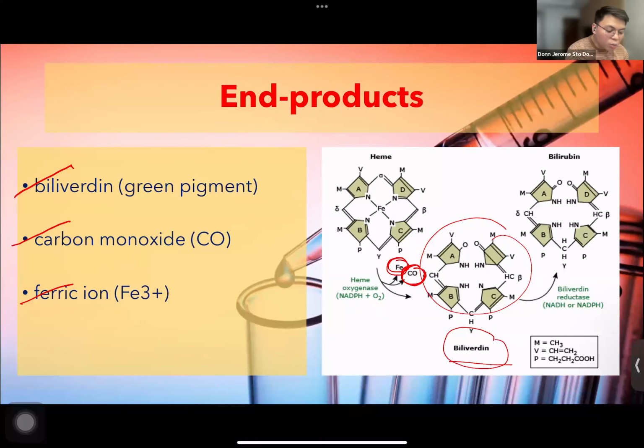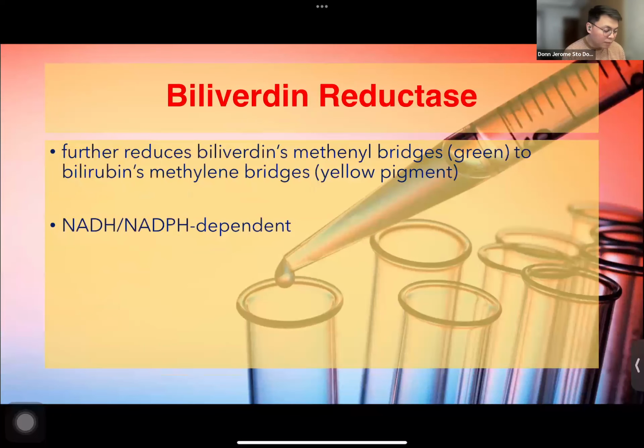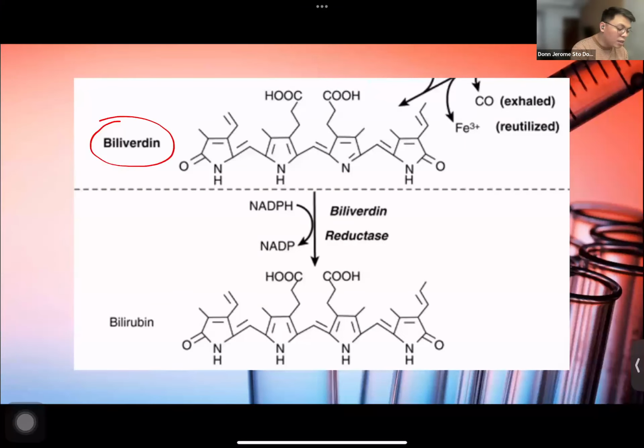Now, your biliverdin would be further reduced to the yellow pigment bilirubin with the help of the enzyme biliverdin reductase, which is an NADH or NADPH requiring enzyme. So it's also NADH or NADPH dependent. So from biliverdin to bilirubin, the yellow pigment.